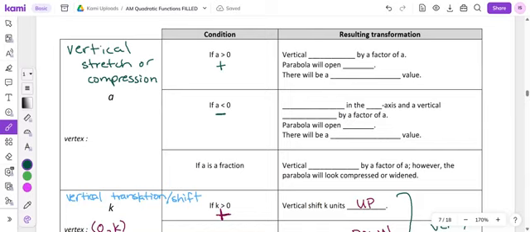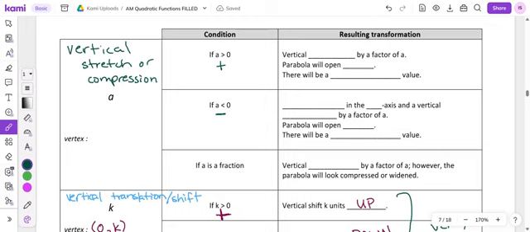So a horizontal compression is the same as a vertical stretch, and a horizontal stretch is the same as a vertical compression. Because they're the same, we only teach the vertical one in grade 10. But when you have the radical function next year, you can have a vertical stretch and a horizontal compression or a horizontal reflection at the same time. So next year we add another layer.